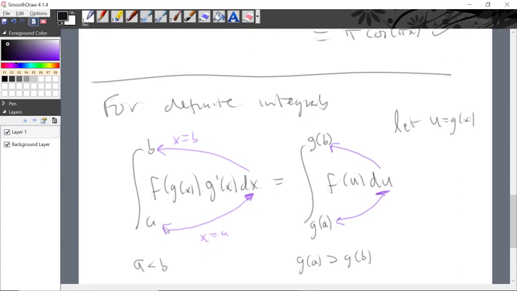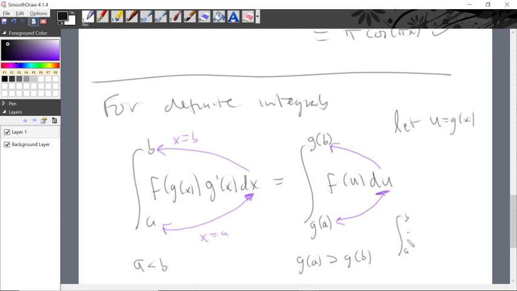Nonetheless, whatever transformation we choose, however it tells us to map a to u, we change the original lower bound to this new lower bound, even if this number ends up being greater than that one. Now, how do we deal with it if they do reverse, if we end up with a larger value on the bottom as opposed to the top?